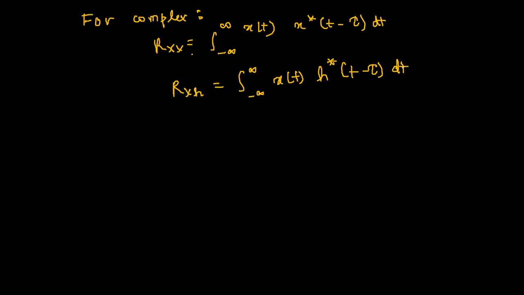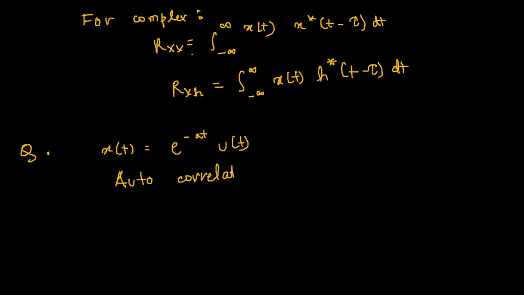So let's just solve one question for correlation. Let's say x of t is equal to e to the power minus at into u of t, and they have asked us to perform autocorrelation.